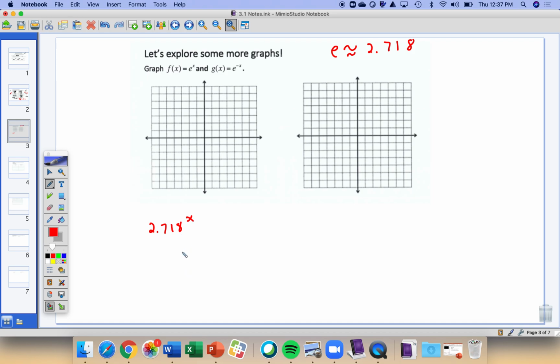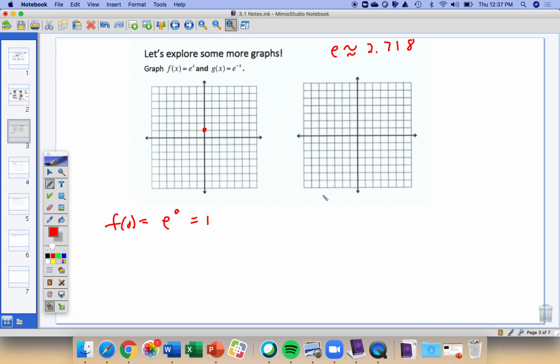Now, for the parent function, we know that if we input 0 in for x, that would be finding f of 0. We get e to the 0, and that's just 1, because any number raised to the 0 power is 1. So it looks like this.